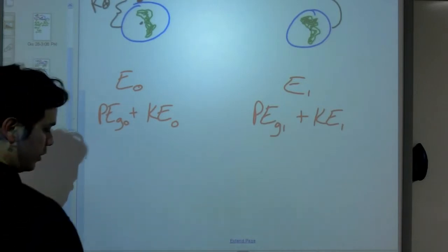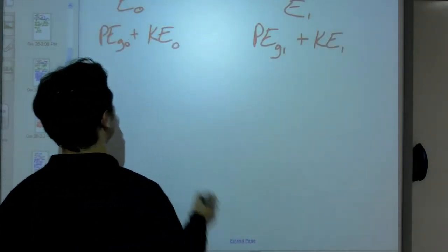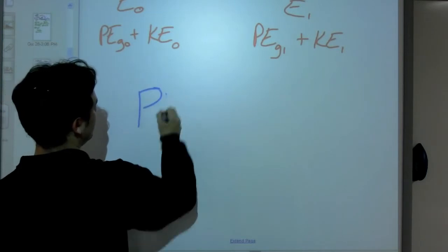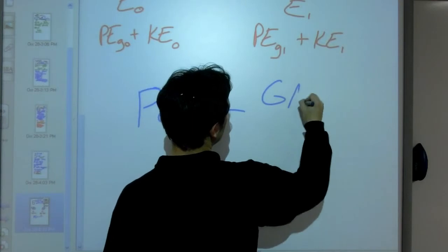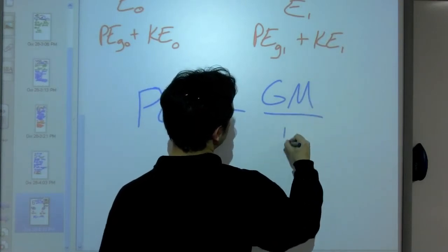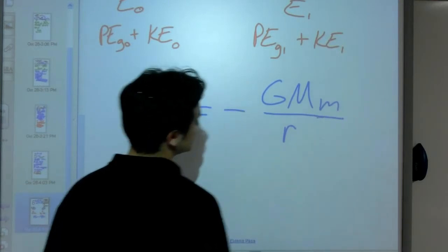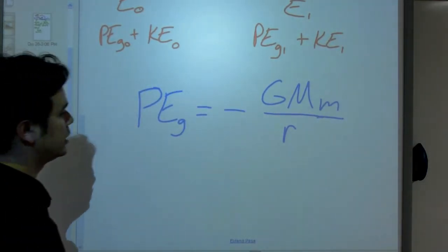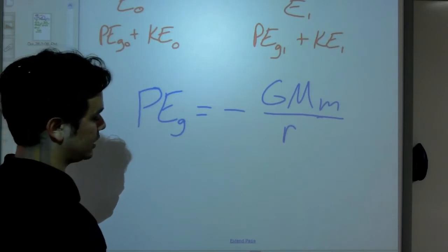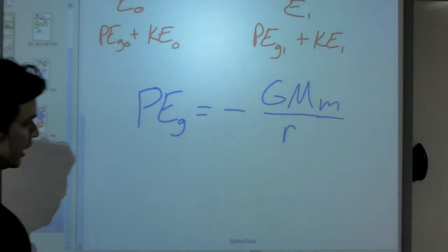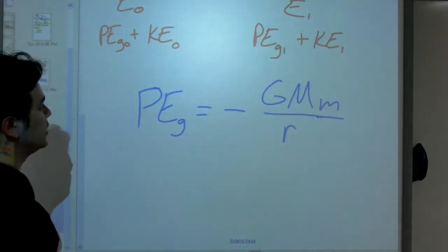We know that the potential energy due to gravity in general equals negative G, mass of the object, divided by r. Sorry, potential energy is then the mass of the object too. So it looks very similar to Newton's law of gravity, but in this case, instead of the r squared, we just have one value of r itself.